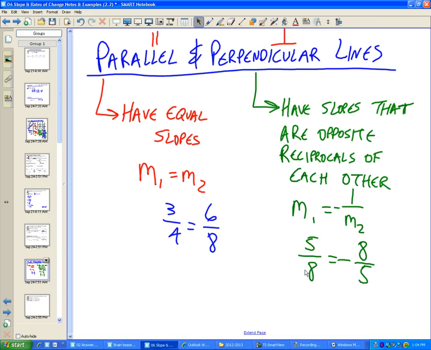So if I have 5/8, the opposite means that positive becomes negative. The reciprocal means 5/8 becomes 8/5. So technically, I don't want to say that these are equal to each other, but if this is M1, then this should be M2 and vice versa. So the opposite reciprocal is how I get it.